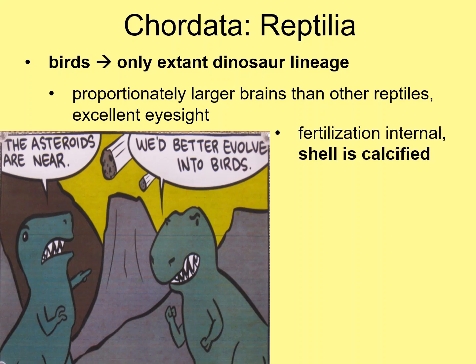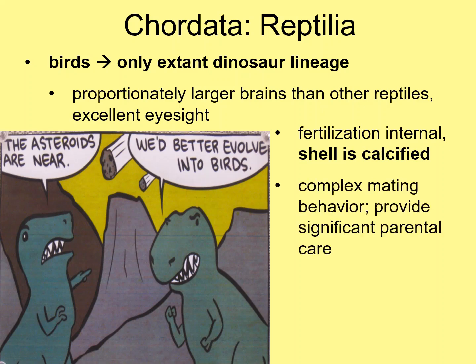Proportionally larger brains than a lot of other reptiles, and the data to back up their problem-solving skills and other things that suggest that they need to be able to remember things like migration routes and things like that. We see a lot of complex behavior, significant parental care, sometimes both male and female, as we saw when we were looking at mating systems.